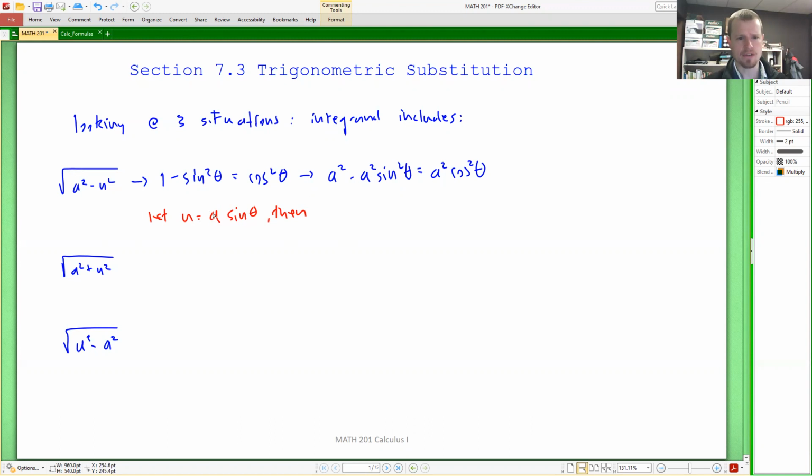So we let u be a times sine theta, then the square root of a squared minus u squared would become the square root of a squared minus, right? If we let u be a times sine theta, then when we square this, we get exactly a squared sine squared theta, which is nice because this thing we just showed is equal to a squared times cosine squared theta.